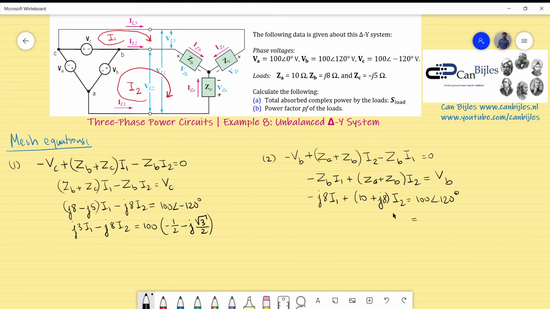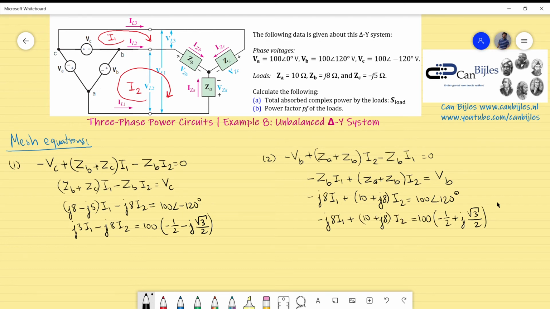If I now convert this expression again into rectangular form, using the familiar formulas we have discussed in the other videos about phasors and complex numbers, we have 100 times minus a half plus, this time, j square root of 3 divided by 2. And the left side is of course the same, that doesn't change, so we will just copy the expression.